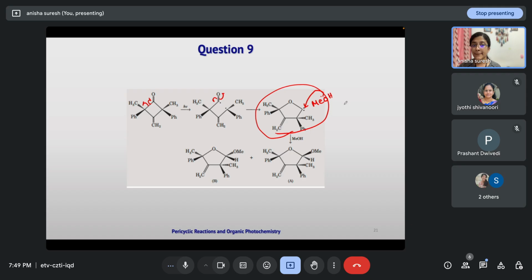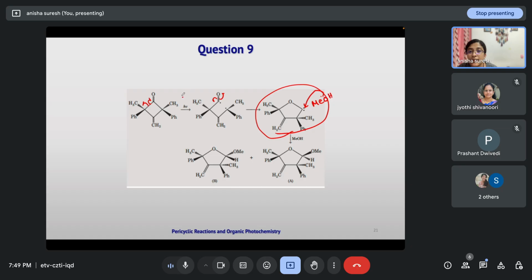If it is attacking from the alpha face, we will be getting B, and if it is attacking from the beta face, we will be getting A as the major product. So in the question, what is A and B, this is the final answer.